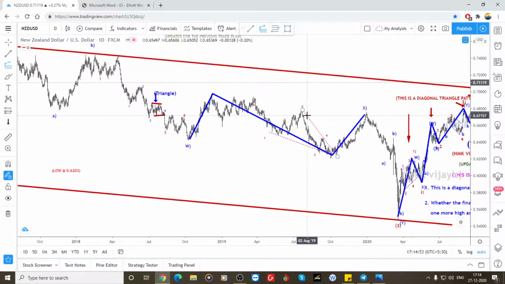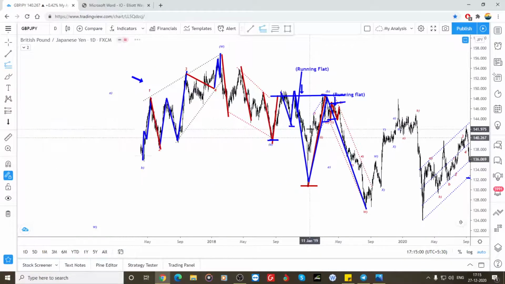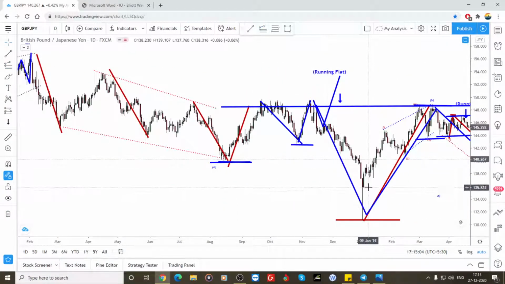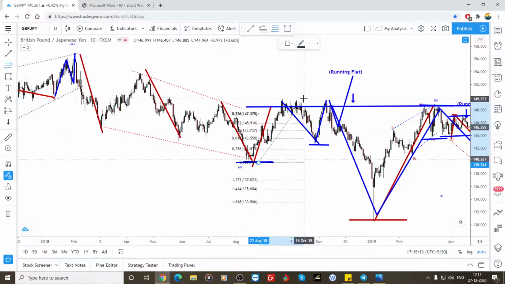And we will see one more in the GBP JPY. See here, for the example I said, sometimes in this kind of spike it will go above the 1618. See, this is an expansion level. See here, above the 618.